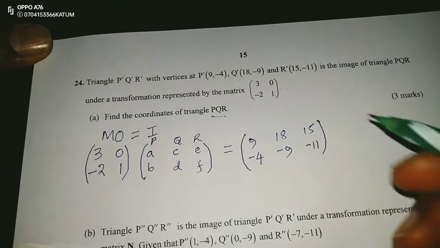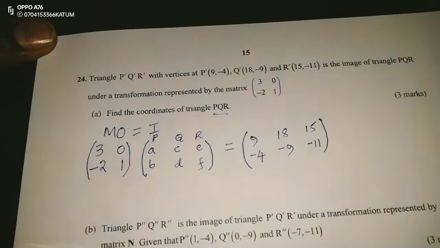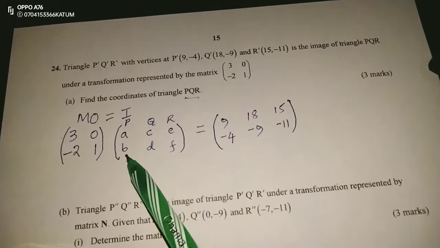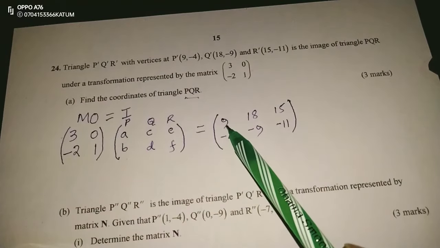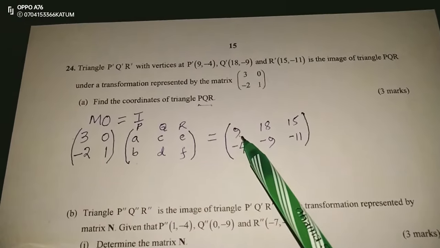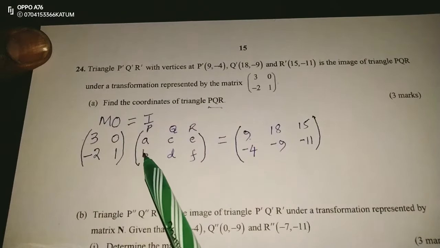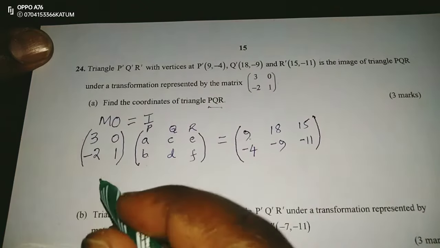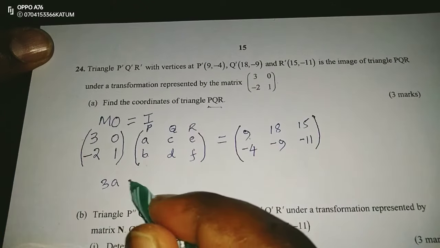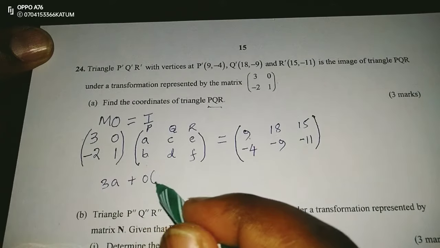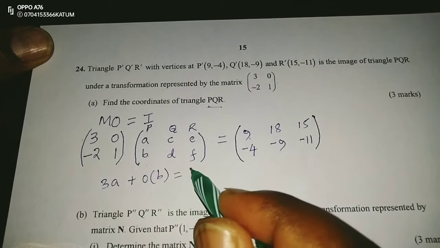So now we can find the unknowns. We can do this very fast. This row multiplied by this column should give us this element, according to the multiplication of matrices. So 3 times A plus 0 times B should give us 9.